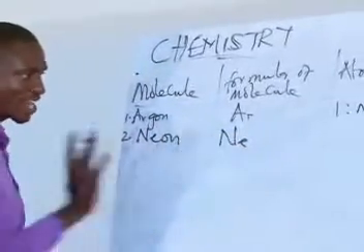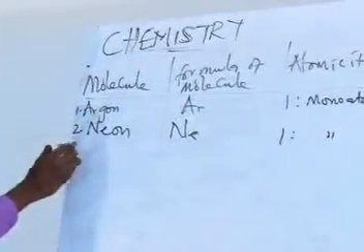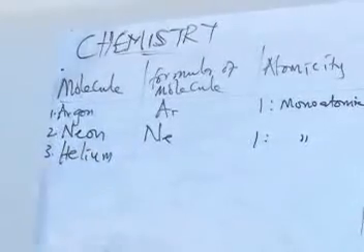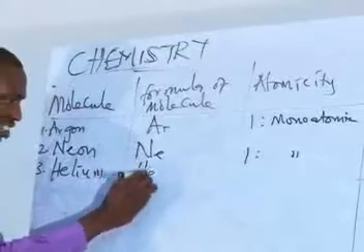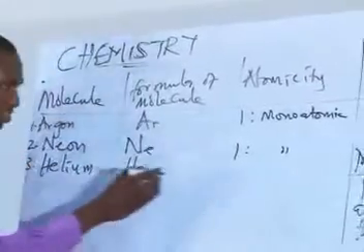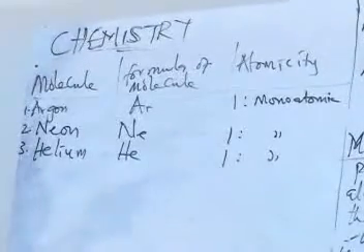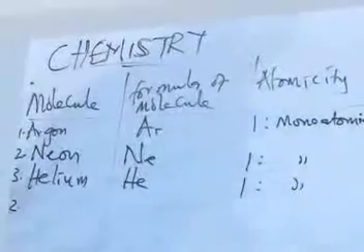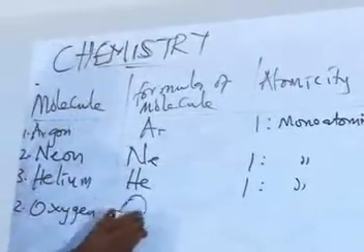We have one atom of neon here, so the atomicity is also 1, which is monoatomic. Another example is helium, the common gas used to fill balloons. The formula is He. We have one atom of helium here, so the atomicity is 1, which is also monoatomic.